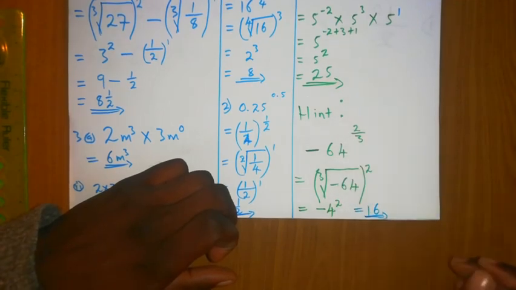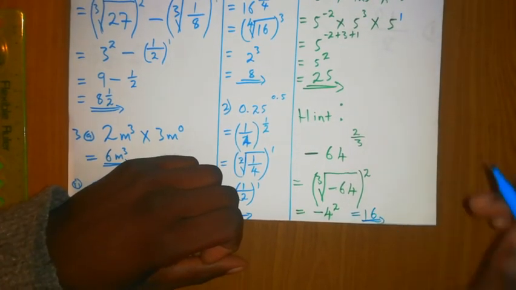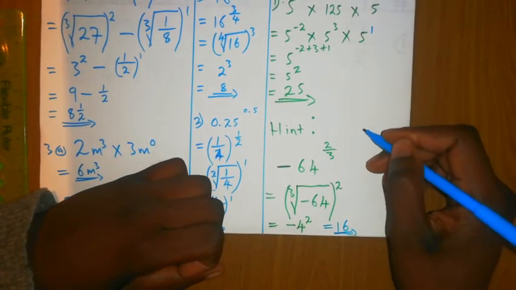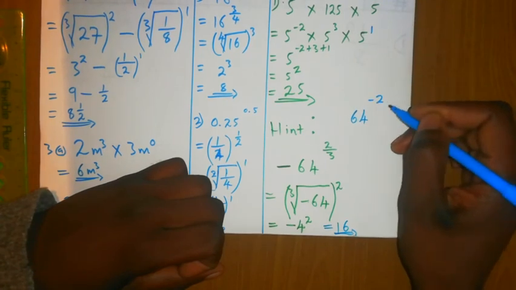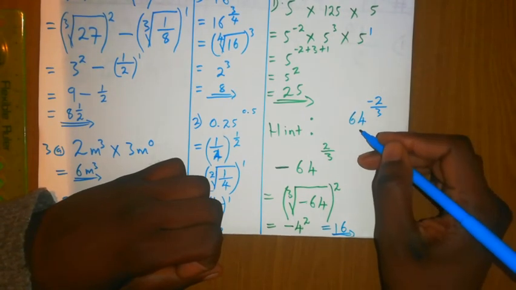So keep that in mind. This question is not the same as this one, which might say 64 to the power -2 over 3. This one requires you to introduce your fraction.